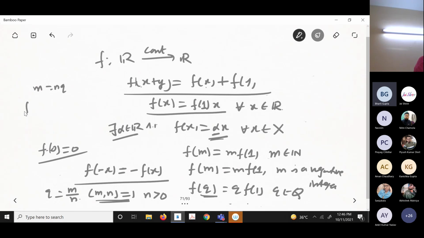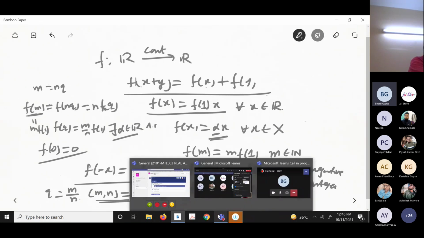So f(m) will be f(nq). But it is additive, so this will be n f(q). But f(m) we already got equal to m f(1). So f(q) equals m by n f(1), that is q f(1).